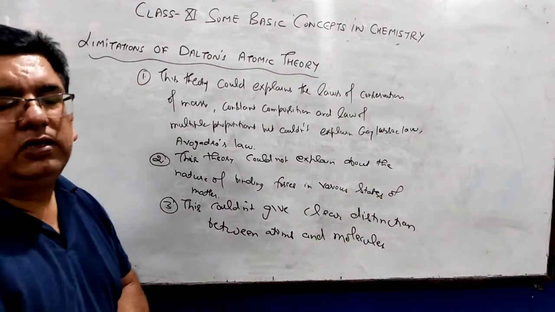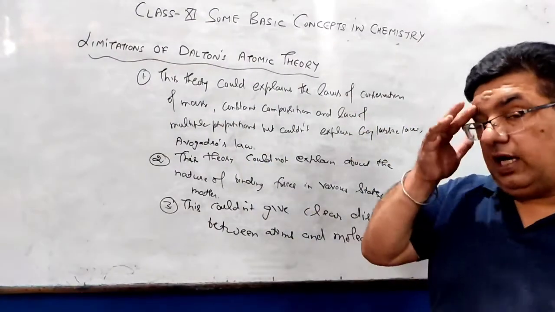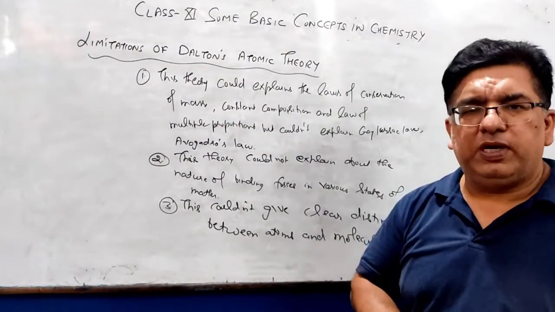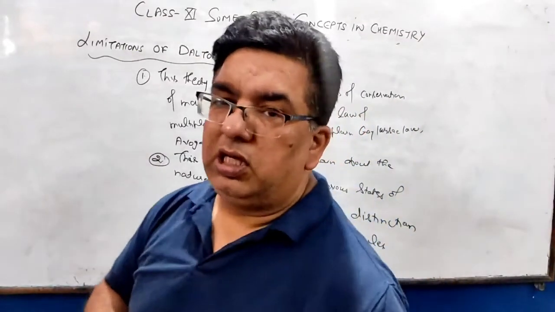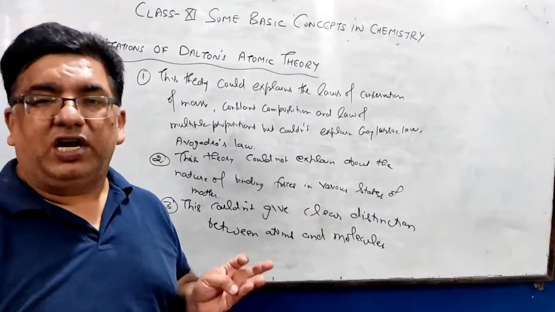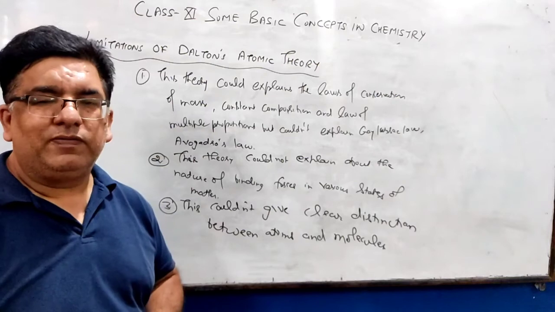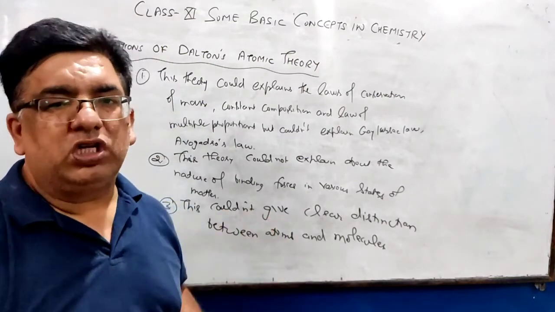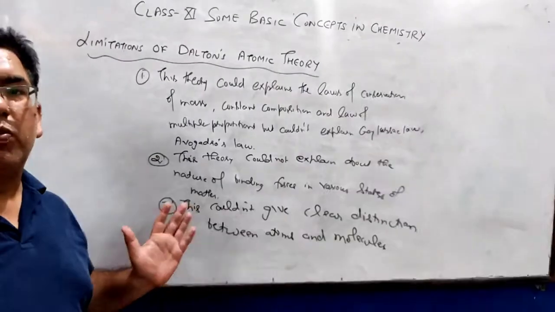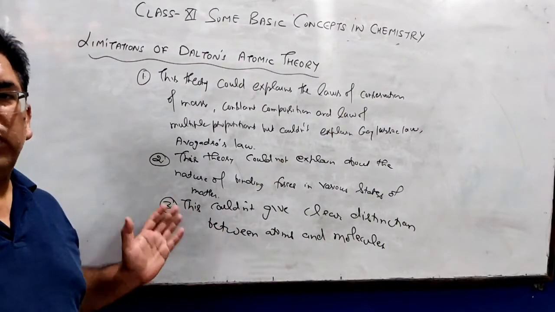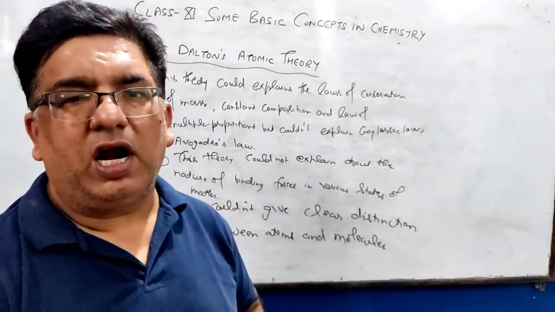As I have said that this theory was given by Dalton in 1808, and at that time there was not so much advancement in science. So as the researches continued, then the scientist J.J. Thomson, then the scientist Goldstein, then the scientist Chadwick, they performed some experiments for finding out the structure of atom, and they found some points which had to be modified in the Dalton's atomic theory, and they gave a new theory known as the modern atomic theory or modified Dalton's atomic theory.